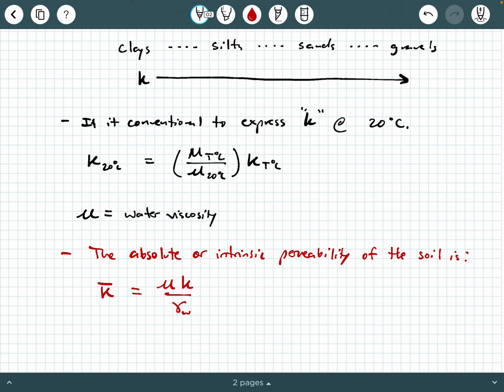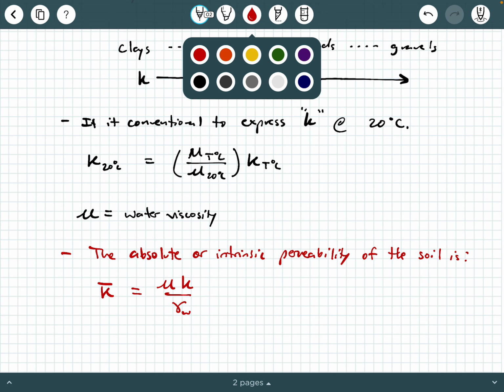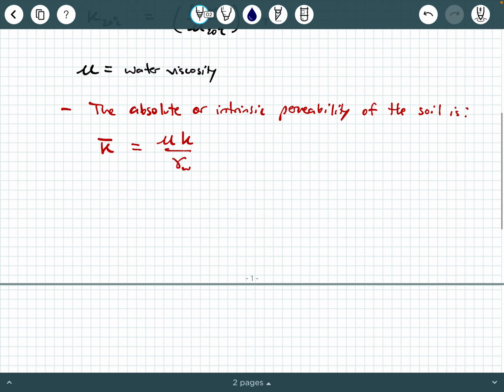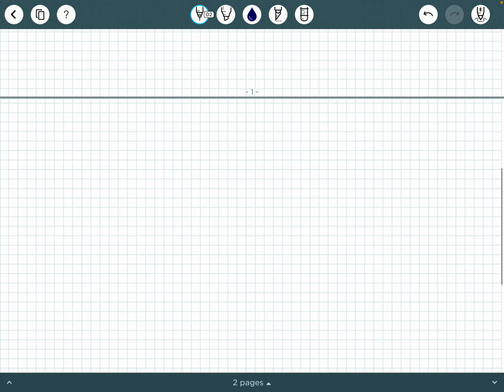All right, so then the next question becomes, how do we get these values? How do you determine permeability K? Well, there are several ways of doing it. So let's list those out, and then we're going to have other videos that go into those different methods in more detail. So I'm going to say determining hydraulic conductivity K. We can do it in the lab. In the lab, we have two very common tests that we can perform.